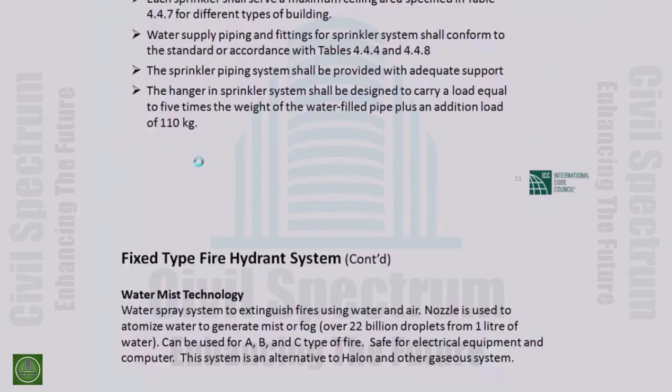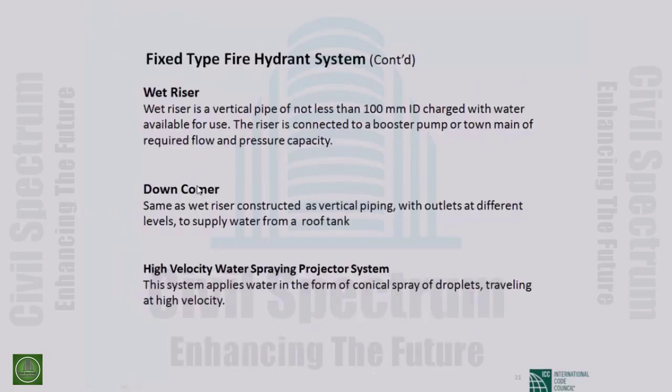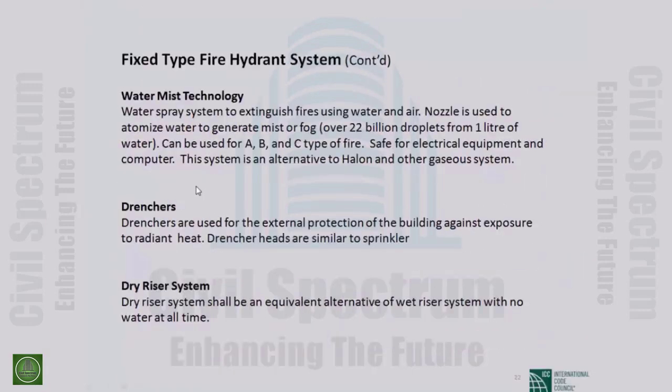Sometimes we need to cool our protection wall. If you think of our glass wall, if its temperature is very high, then we have to drench the wall. For drenching, we use a drenching system, that is a different type of sprinkler system.